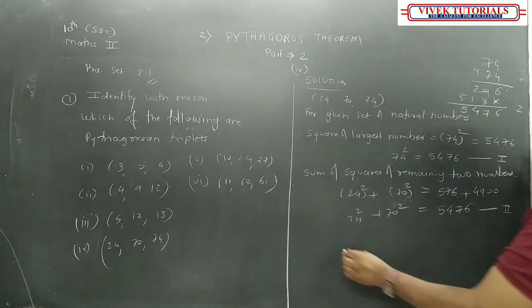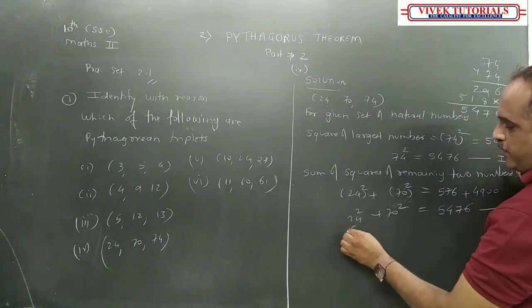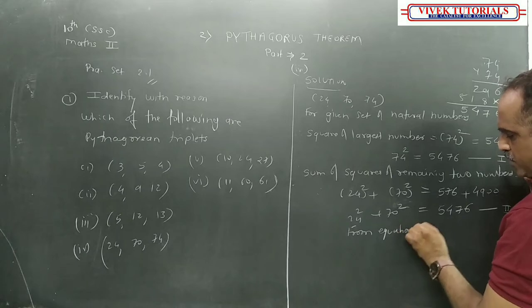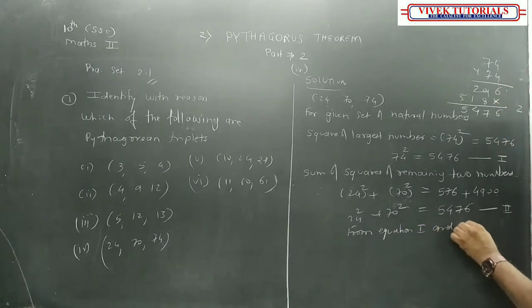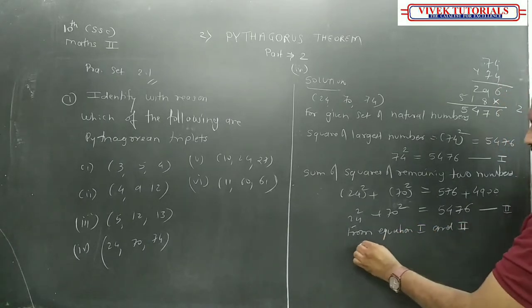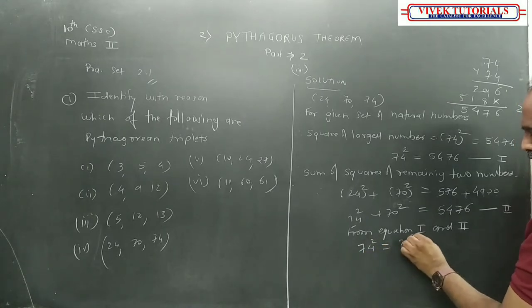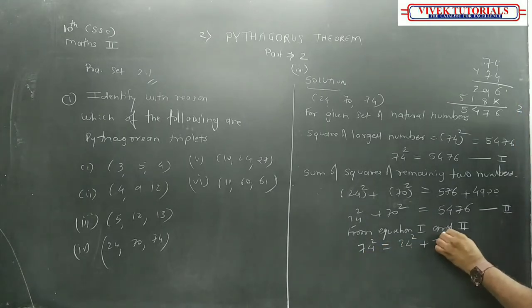So what I can write, therefore, from equation 1 and 2 is 74 square is equal to 24 square plus 70 square.